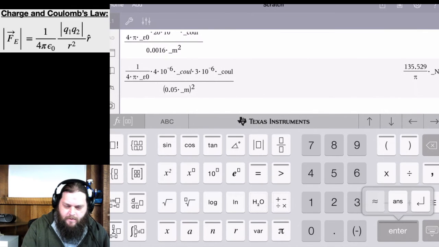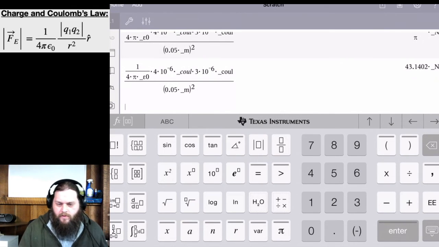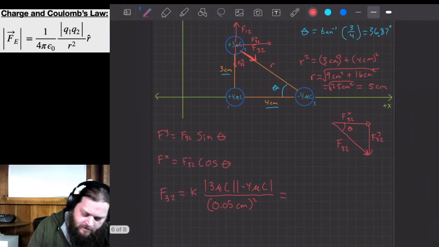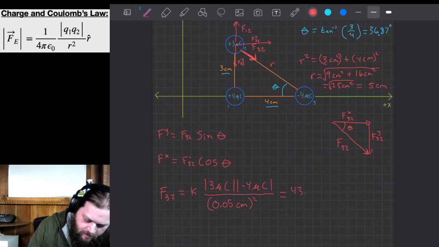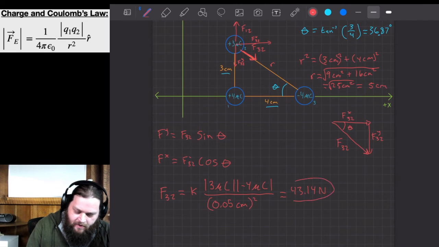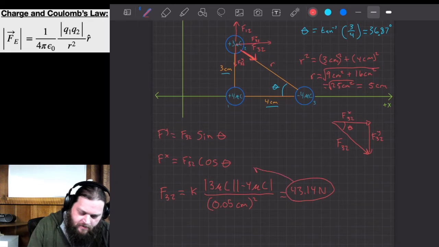And we get 43.14 newtons. So this is equal to 43.14 newtons. Now we can substitute this value back up into those to find our sine and cosine.